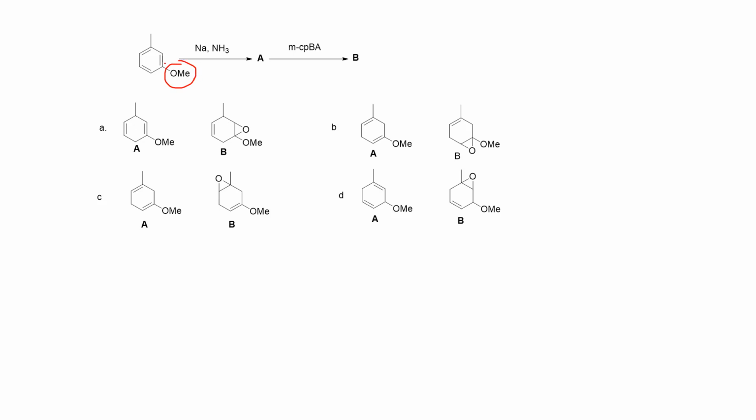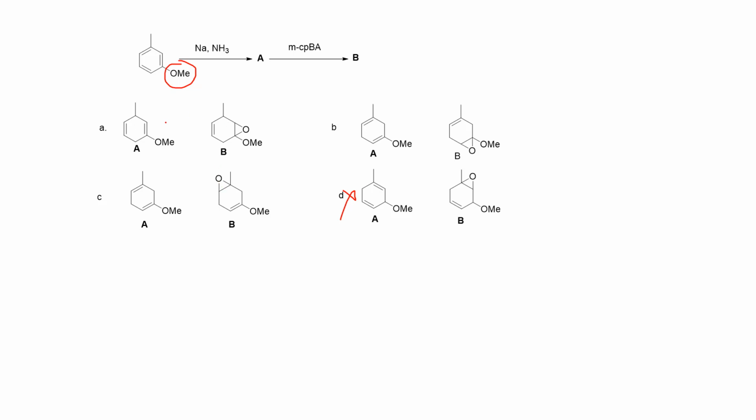In the presence of an electron donating group, the reduction procedure I have already discussed, so it should be conjugated to the OMe. So the option should be between option A, B or C. D is already cut because here the double bond is not conjugated with the electron donating group. So D is already out from the options.